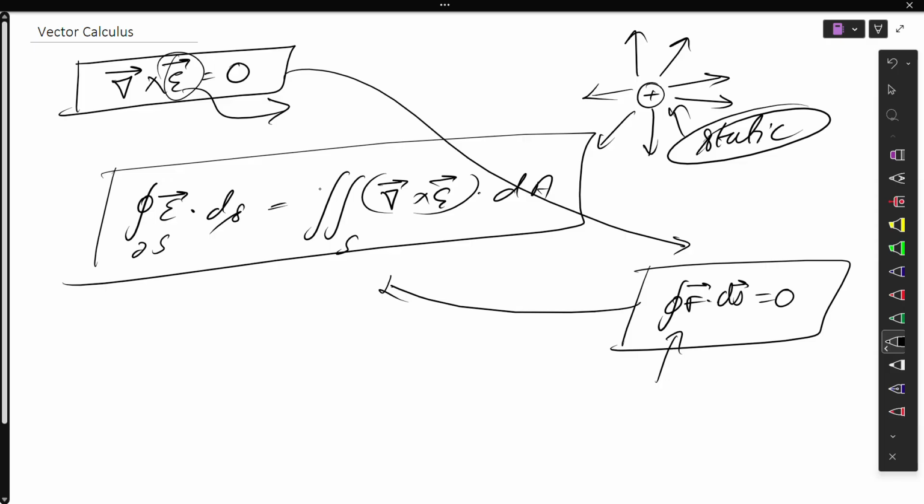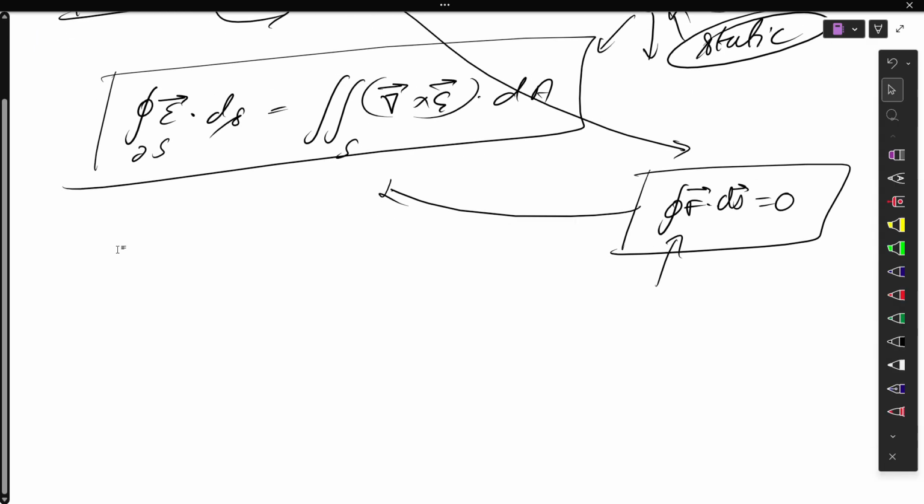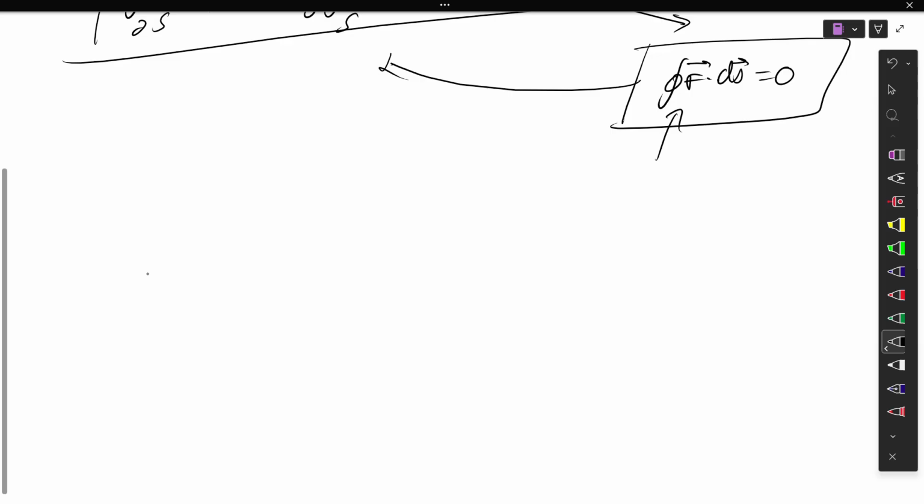The next question is, what does the curl mean and what is its practical intuition? In general, the curl measures the rotational effect of the vector field. If the curl is zero, it's producing zero rotational effect.